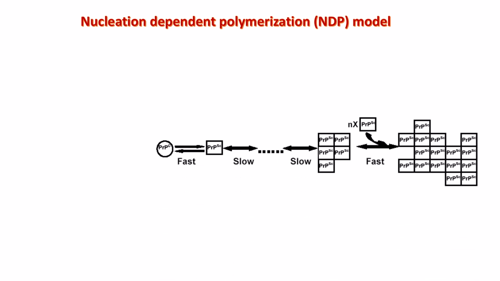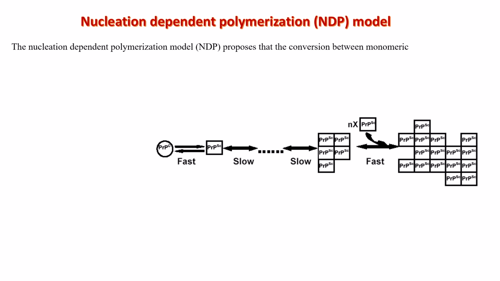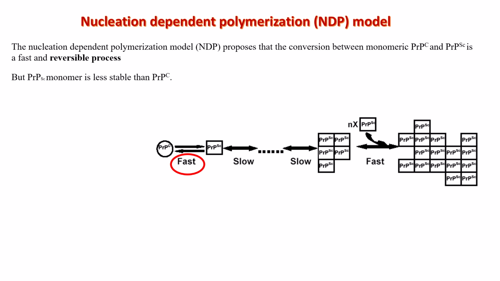The nucleation-dependent polymerization model proposes that the conversion between the monomeric PrP-C and PrP-Sc is a fast and reversible process, but PrP-Sc monomer is less stable than PrP-C.